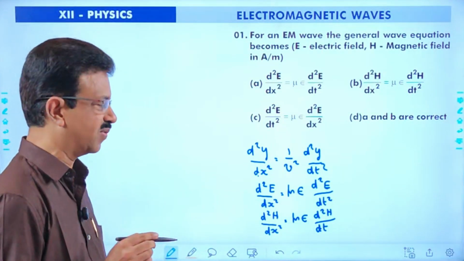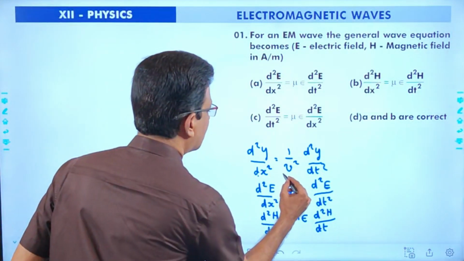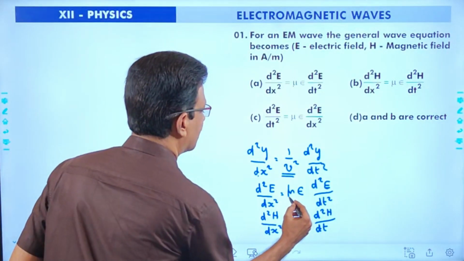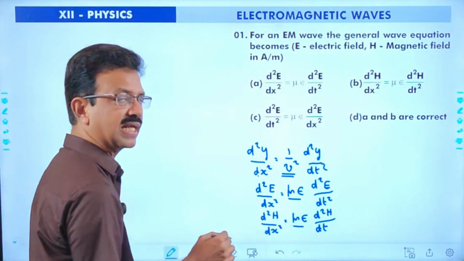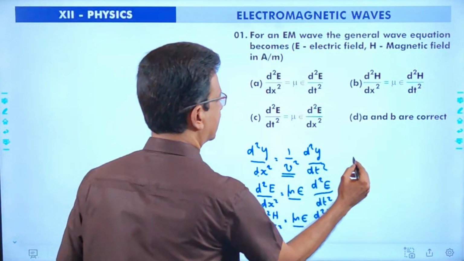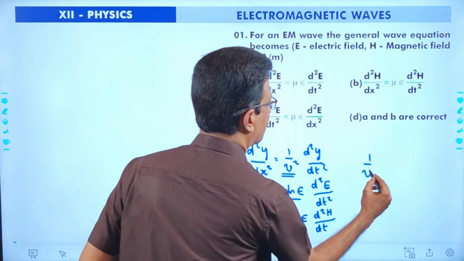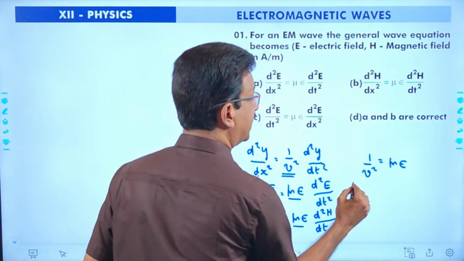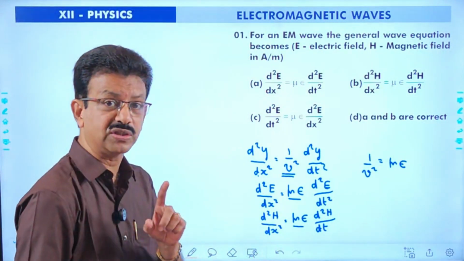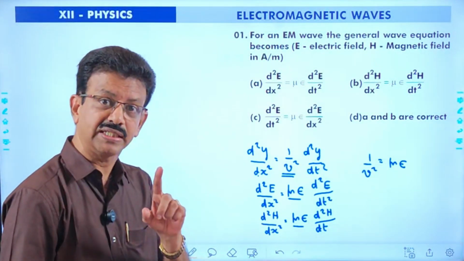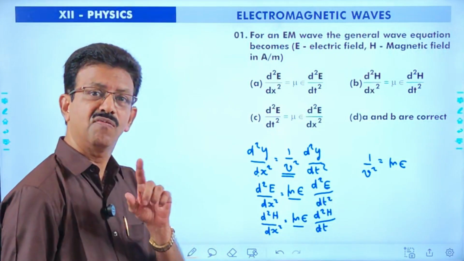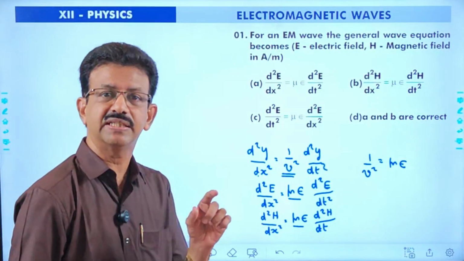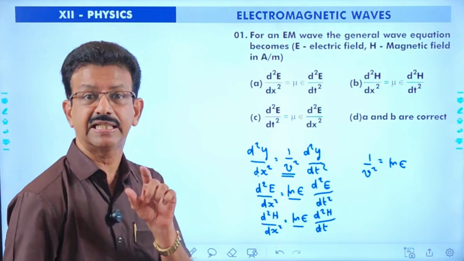Then, in the given equation, instead of 1 by v square, we have mu epsilon. That is, 1 by v square equal to mu epsilon. Here v is the wave velocity, that is the velocity with which the wave is advancing in a particular direction. For an electromagnetic wave, usually this wave velocity will be represented as c.